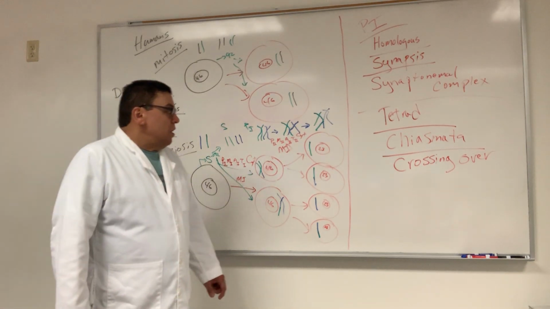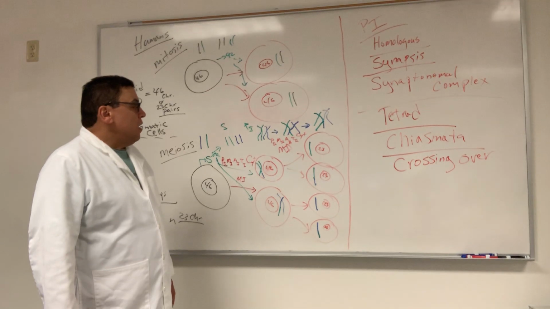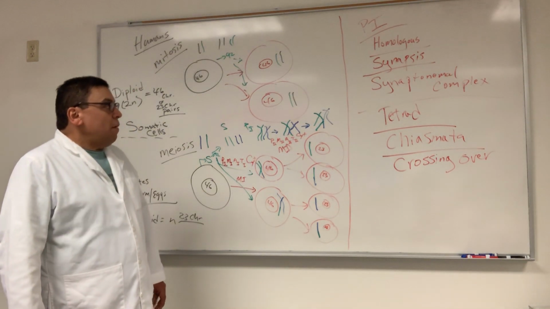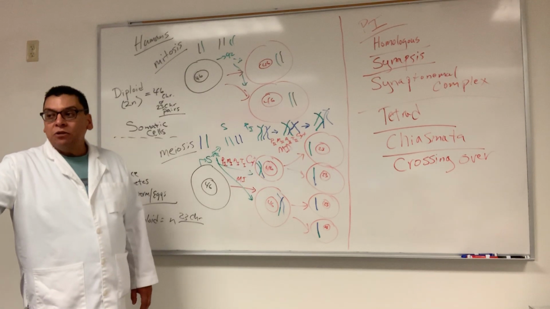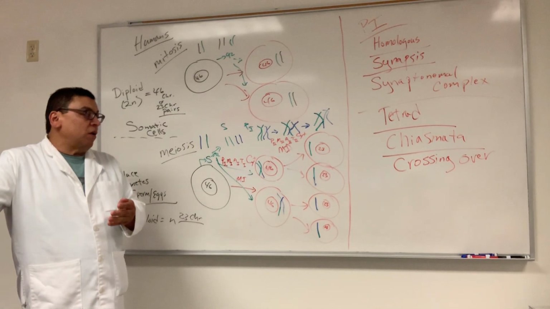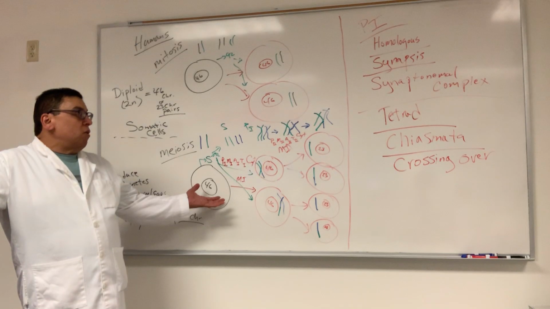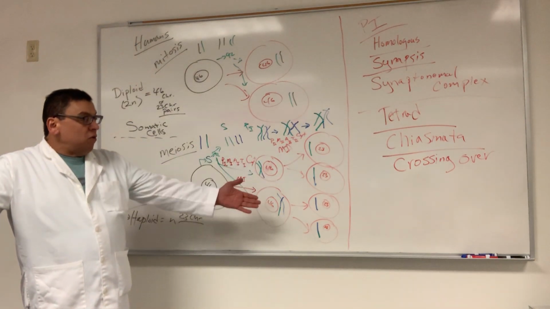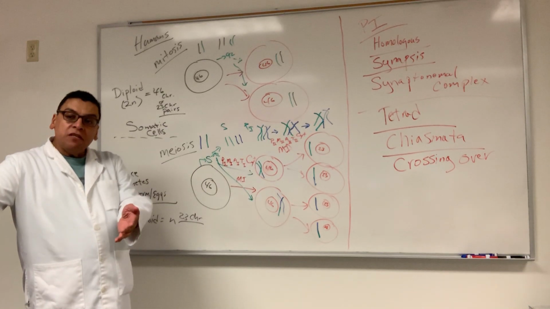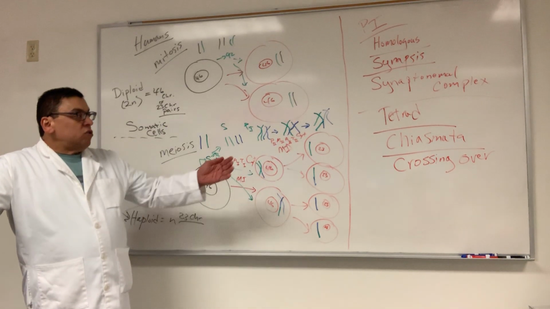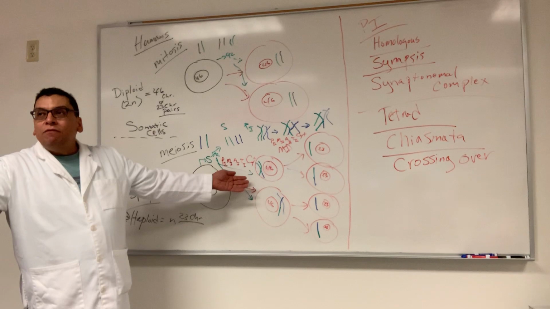Okay. Now, there are a couple of events that happen that ensure genetic variation. Genetic variation is so important. Of course, the products of meiosis are different from each other, and that guarantees genetic variation. So when does the variation begin?